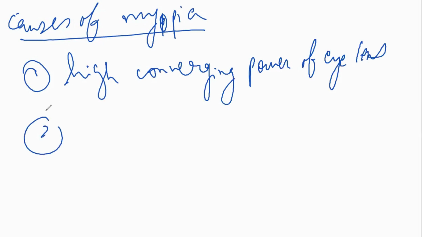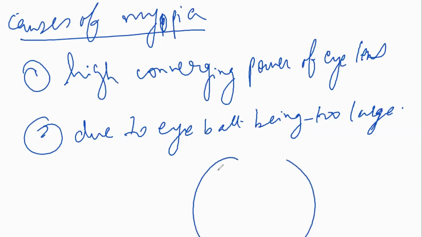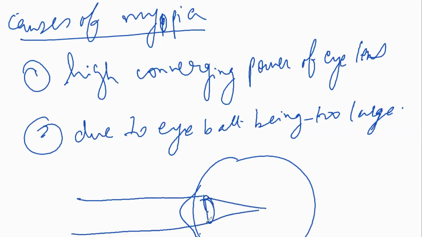And the second, that you have said, is the eyeball being too large. Correct? So how will you draw the diagram? If this is your eye and this is your pupil, the rays of light entering the pupil will converge on the retina.